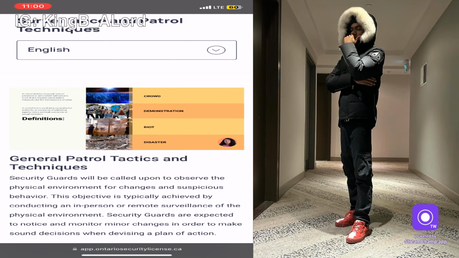Riot: a breach of the peace that occurs when a group of people commit acts of violence together to achieve a common goal, targeting anyone who opposes them. They work together to carry out a specific plan of action. Disaster: any extreme or catastrophic condition which imperils or results in loss of life and/or property.